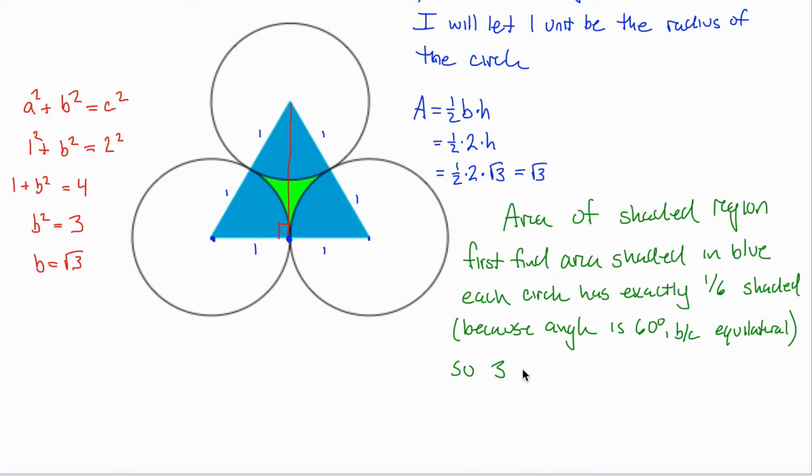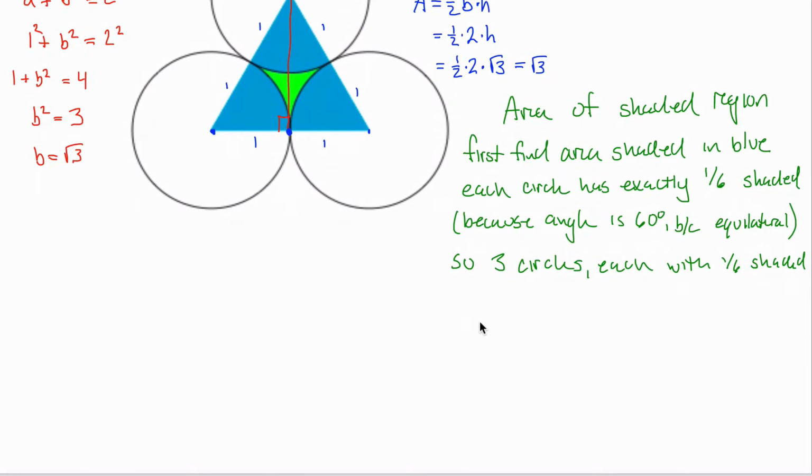So 3 circles, each with 1/6 shaded, gives 3/6 of a circle that's shaded. So 3/6 is the same as 1/2.